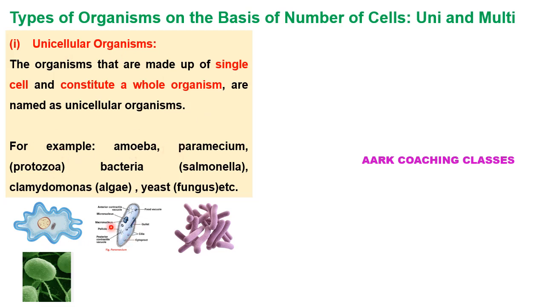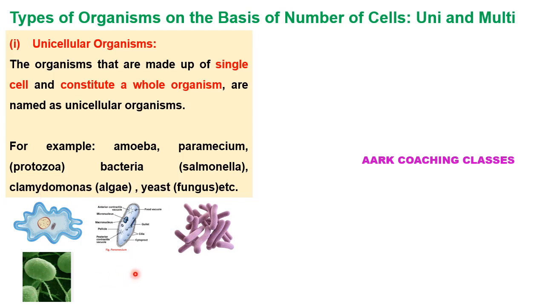For example, amoeba, paramecium. Irregular shape, amoeba. Slipper type of shape, paramecium. These are protozoans. Then bacteria, very small. Bacteria are very small compared to these protozoans. Okay, Salmonella. Salmonella typhi causes typhoid fever. Okay, Chlamydomonas. This is a kind of algae, single cell.